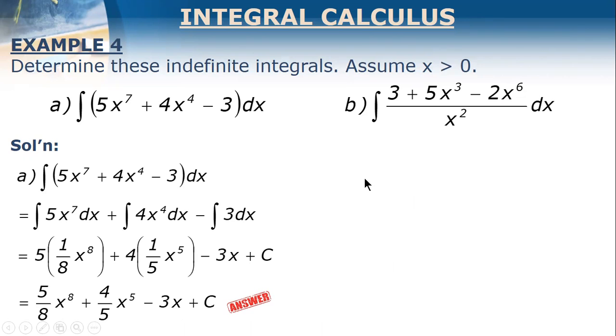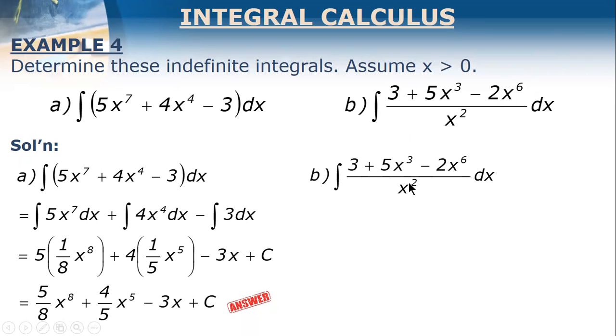For letter B, since you only have one term in the denominator, you can divide each term. So divide 3 over x squared. The denominator x moves to the numerator, so the power of x becomes negative: from positive 2 to negative 2.